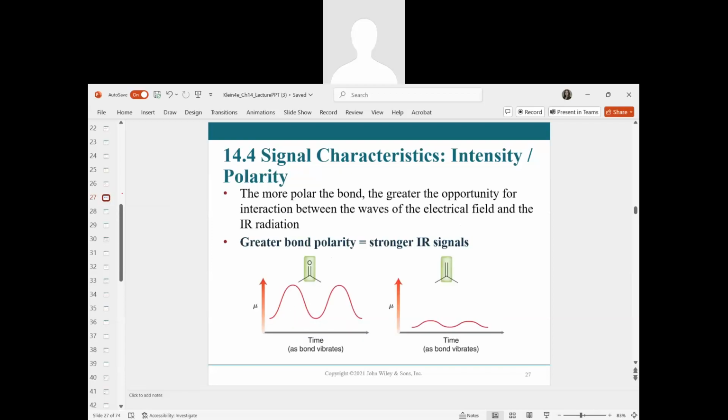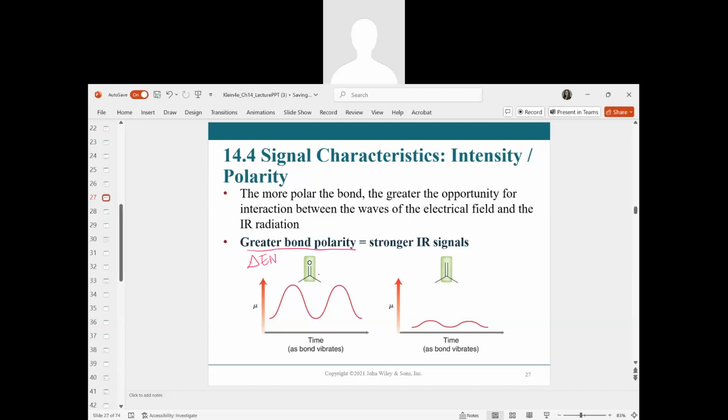So overall, we could generalize that the greater the bond polarity, so we look at the two atoms involved in this bond, and if there is the greatest difference in electronegativity, we would see the greatest bond polarity. So the stronger the dipole moment of our bond, the stronger the IR signal.